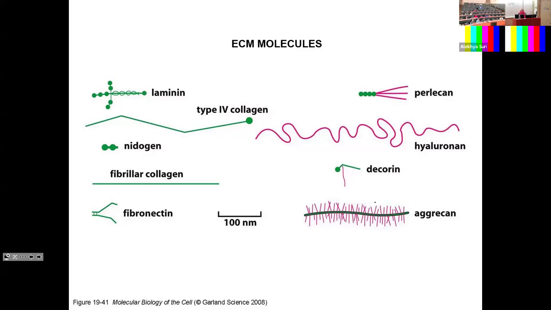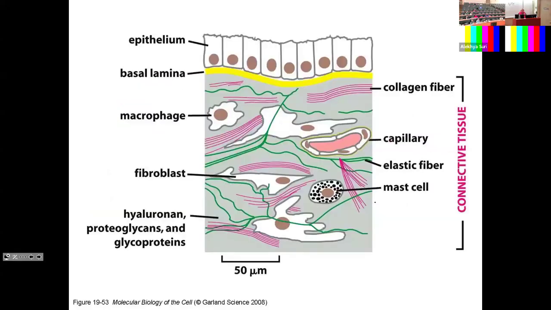But in reality, all these molecules, laminin, type 4 collagen, some of them type 1 fibrillar collagen, are different molecules that are part of this extracellular or connective tissue. How is this organized?